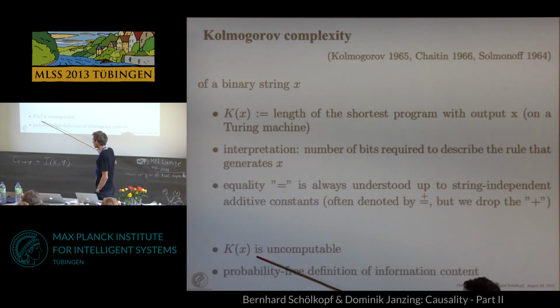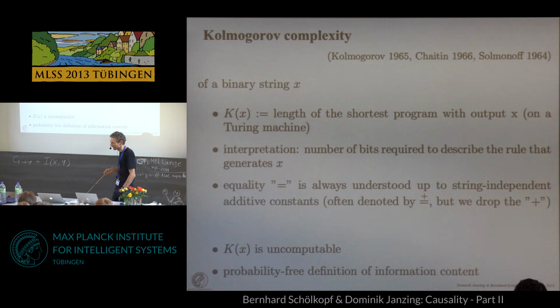It's important to say that the Kolmogorov complexity is uncomputable. This is why some people think that it's of no practical use, but we still think that it is of practical use. Not only from the philosophical point of view, but I will describe that later.